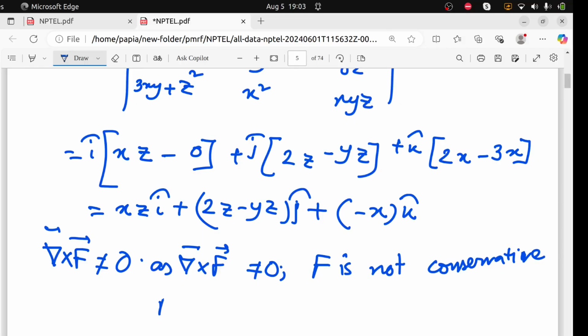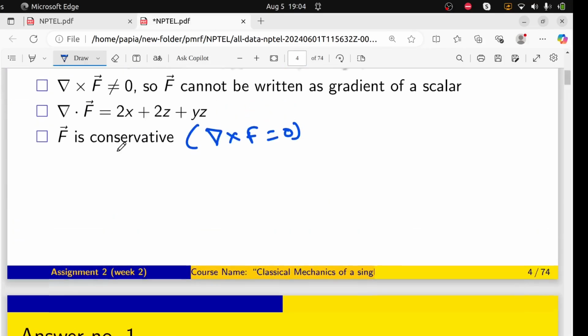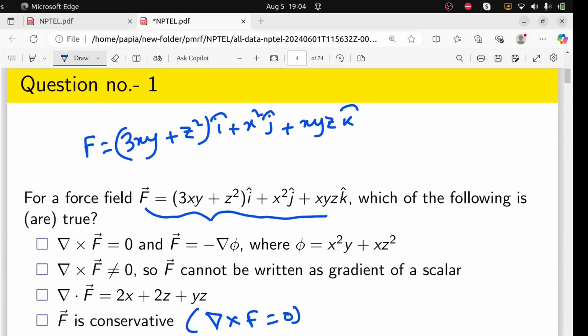And I told you if F is not conservative, then F cannot be written as grad phi or grad V, minus grad phi, minus grad V, anything. So curl of F is not equal to 0, so F cannot be written as a gradient of a scalar. This is true. And if curl of F equals 0, that is not true. So we will not go here.